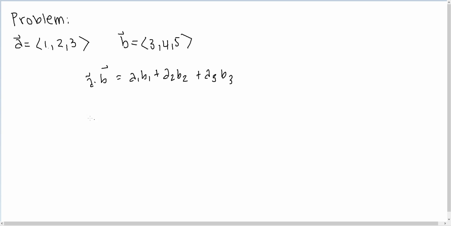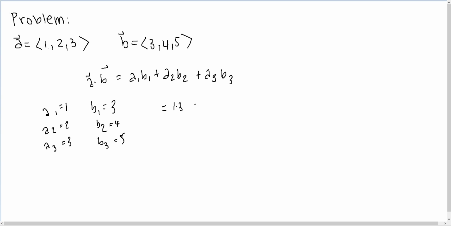We know that. Now we want to find our A1s and B1s. So A1 is equal to 1, A2 is equal to 2, A3 is equal to 3. Now isn't that nice? And B1 is equal to 3, B2 is equal to 4, and B3 is equal to 5. So when we write out our full equation, we get something that looks like this.